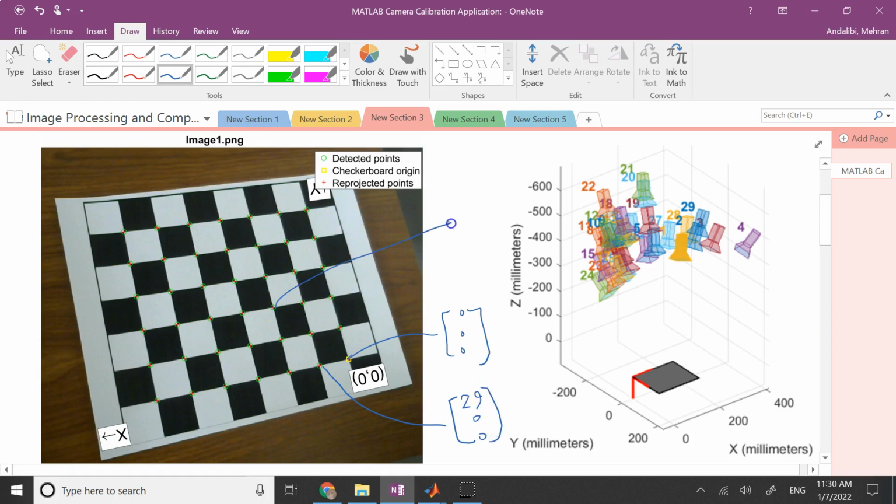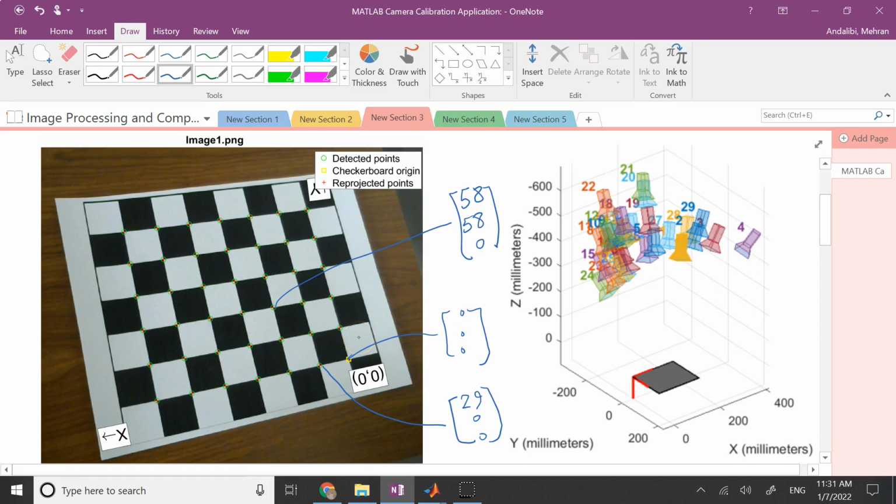This point here, for example, is 2 units x, 2 units y, so it's 58 x, 58 y, and then 0 z. So it can detect the x, y, z coordinate for each and every one of these points, and since they are corner points, detecting their pixel coordinate in an image is not a hard thing.